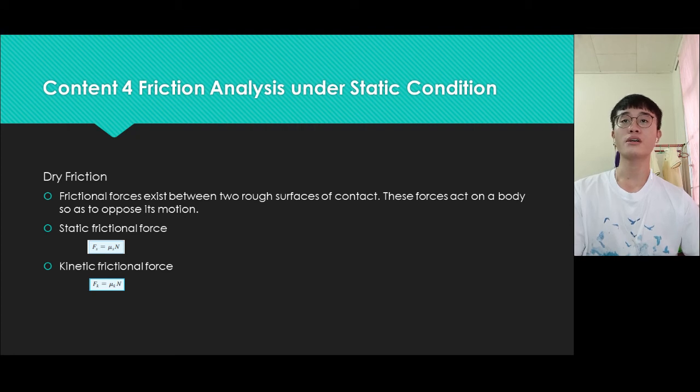The formulas given here calculate the static frictional force and the kinetic frictional force. The mu s in the first equation is the static frictional coefficient, while the mu k in the second equation is the kinetic frictional coefficient.